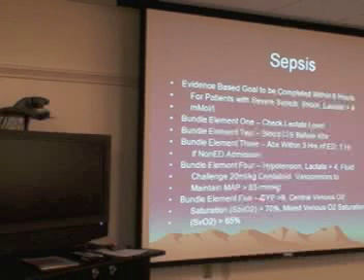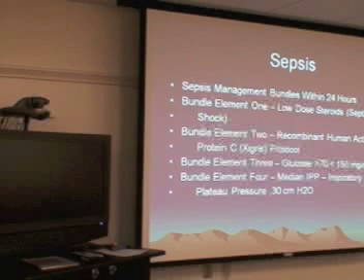Bundle 5, you're getting a little more invasive. CVP greater than 8. Central venous oxygen saturation greater than 70%, or mixed venous oxygen saturation greater than 65%. Within 24 hours, bundle 1, low dose steroids. I'm not even going to get into that debate whether they make a difference or not.